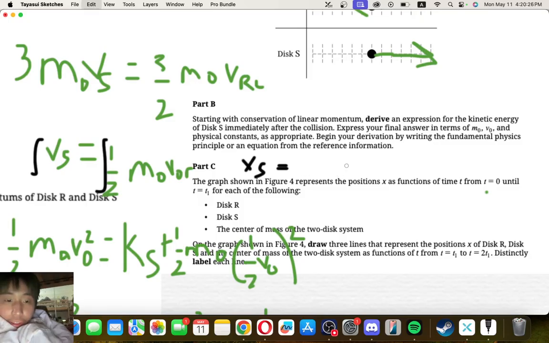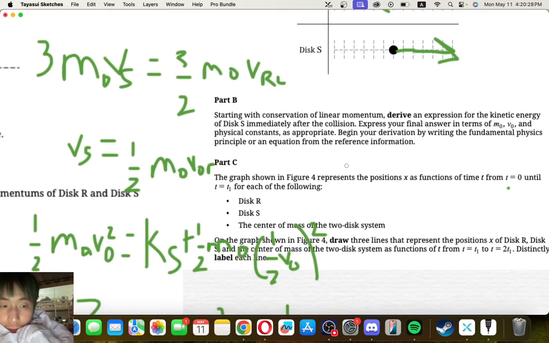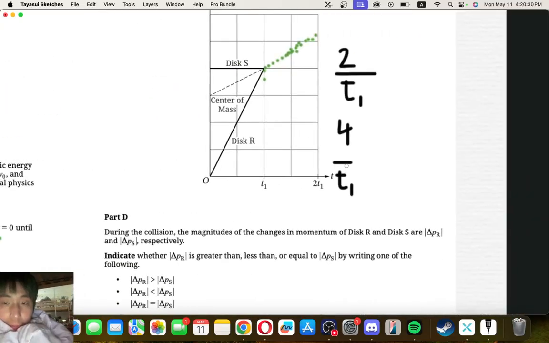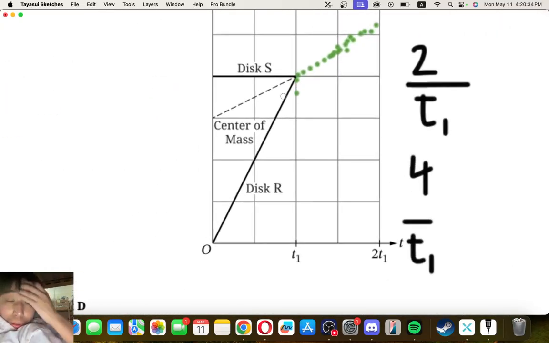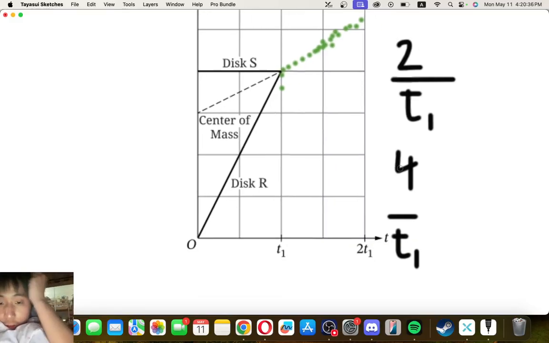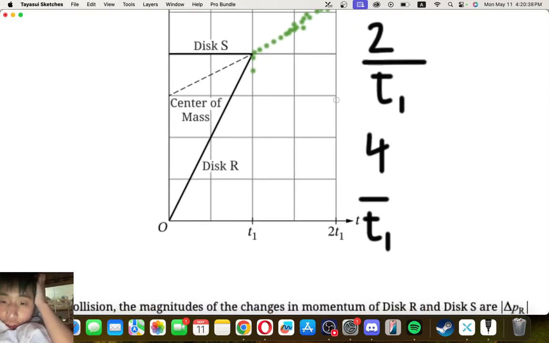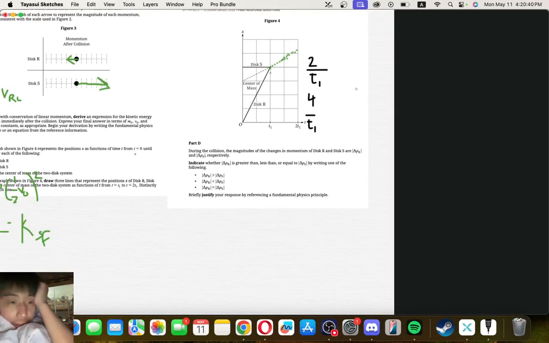Okay, I can't do it like that, my bad. Oh wait, the slope of the line is the speed.